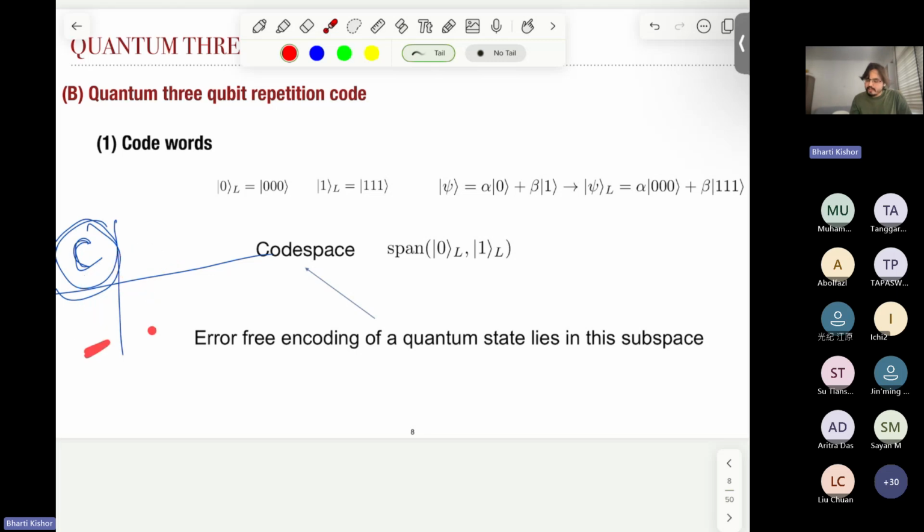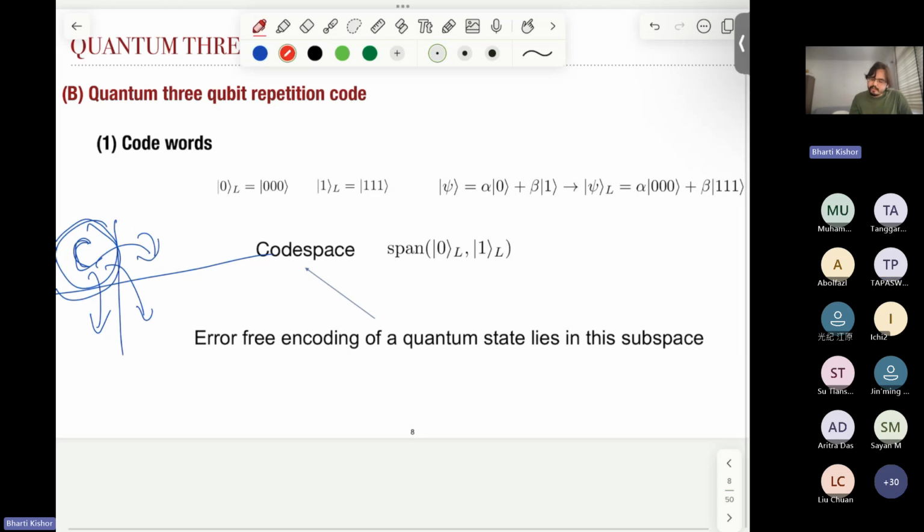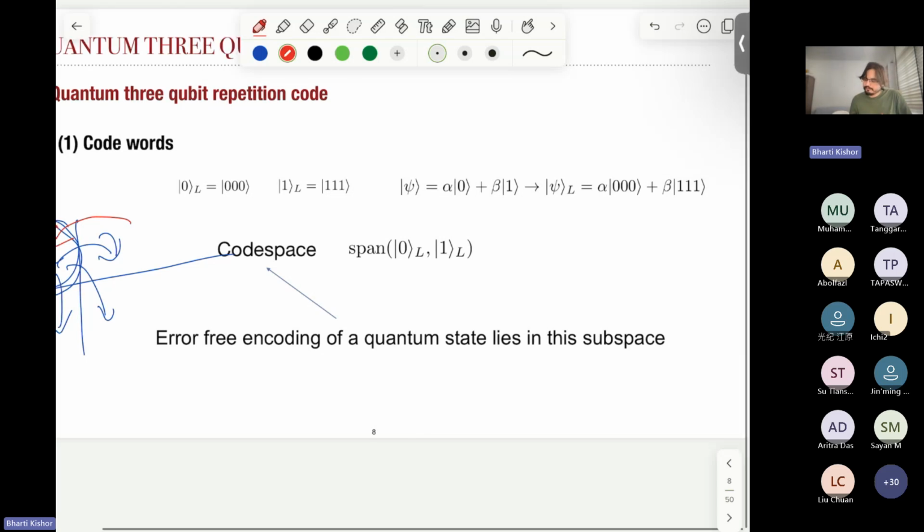Your goal is to find where you have come to, and then do some operation to get back to the code space. So it's this continuous fight where noise is trying to take you outside the code space, and all the operations that you are doing should restore the information back in the code space. And that's what all this struggle of quantum error correction is.